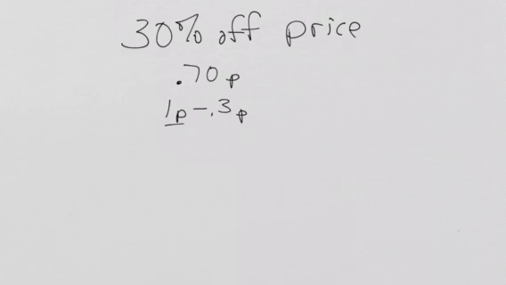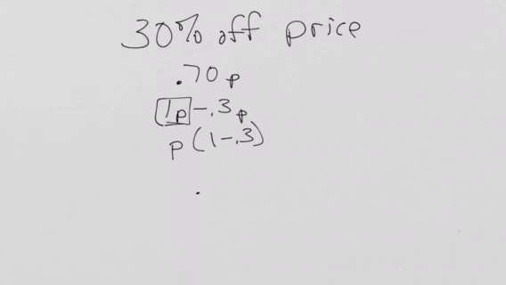That's the whole price minus the discount. You could also write, if you wanted to, P times 1 minus 0.3. That would give us that 70%. There's all different ways you could write this in order to come up with the actual amount.